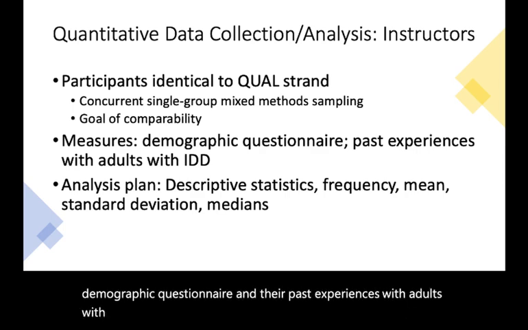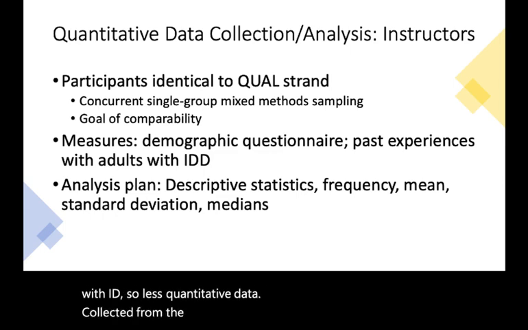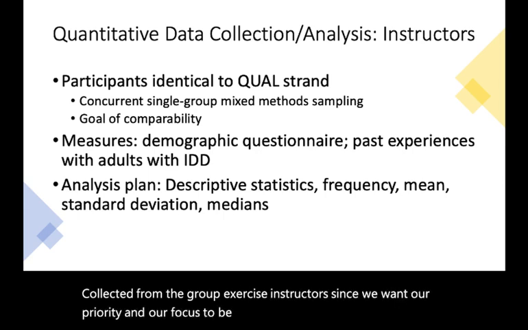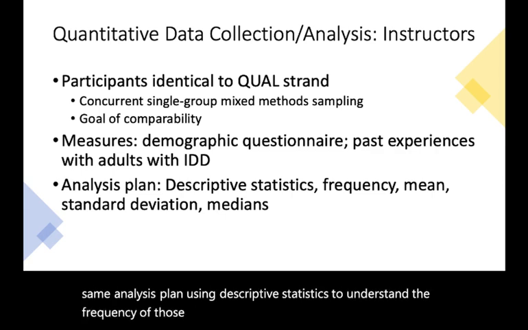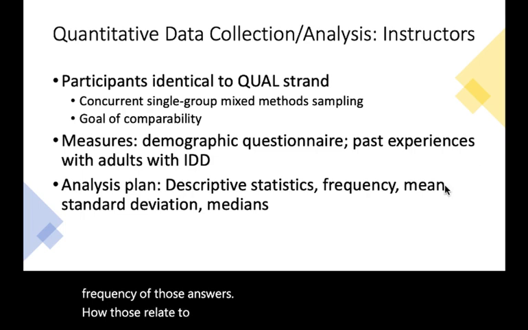So less quantitative data is collected from the group exercise instructors, since we want our priority and our focus to be on adults with IDD in this study. Same analysis plan using descriptive statistics to understand the frequency of those answers and how those relate to group exercise and IDD.